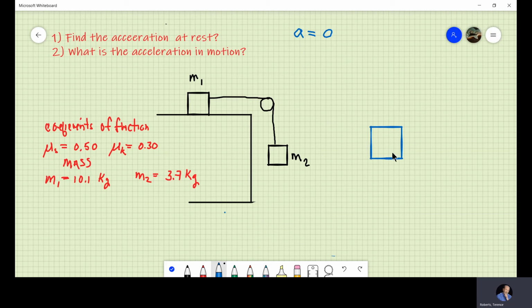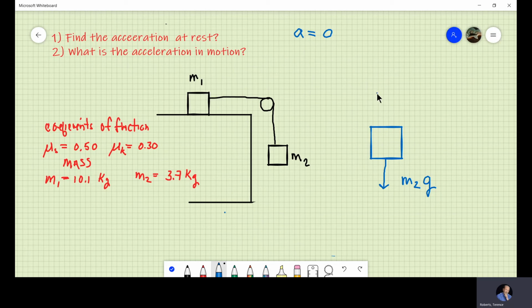Well, first of all, M2 has a vector going down, which is M2G. Now what about the tension that's going in the opposite direction? We know that we're going to have an acceleration going down, which will be a negative acceleration. In terms of negative, that means this direction, as long as we understand it's downward.